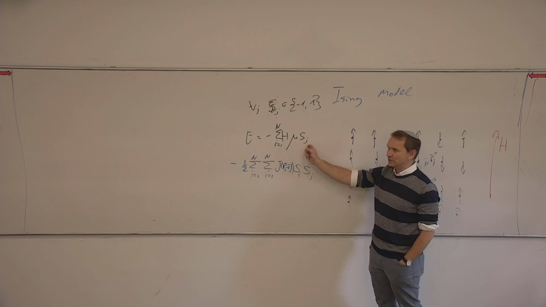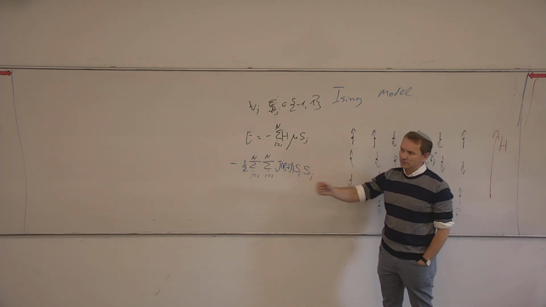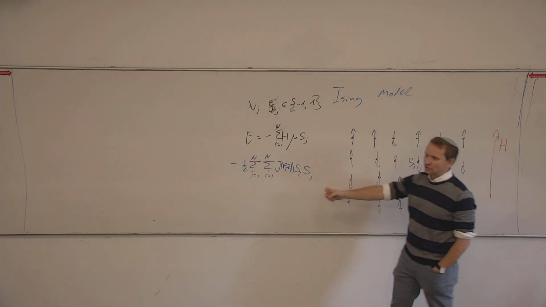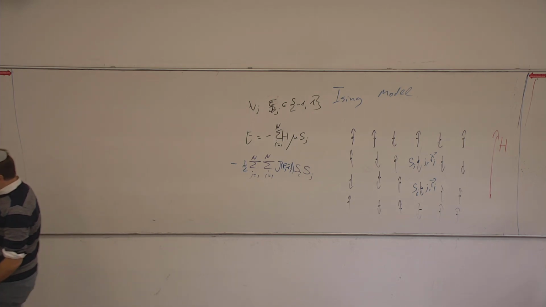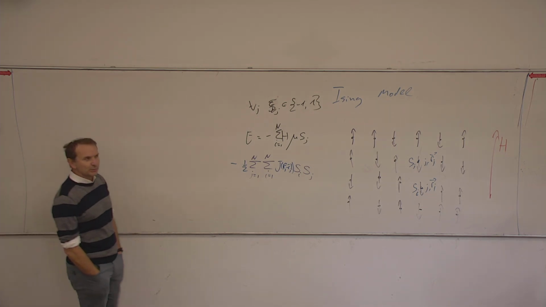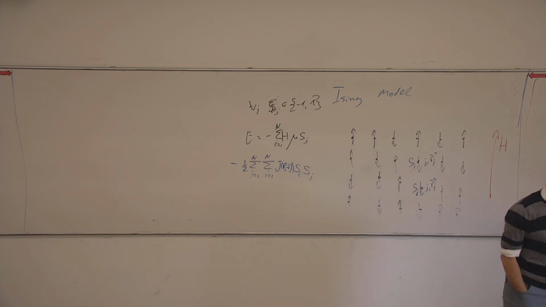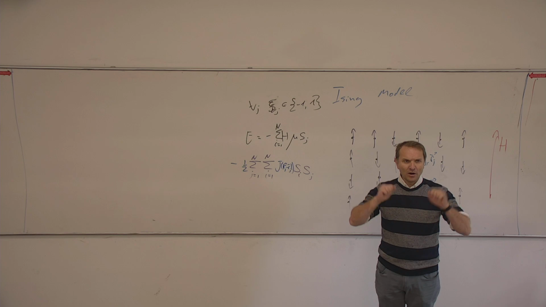Those are the terms. This one is the interaction with the external field. This one is the interaction between the different particles. The problem is the interaction term. If you remember what I was trying to tell you over and over again, the only tool that we have is when the energy is an additive function of all the different particles.